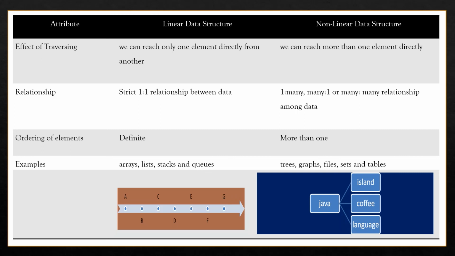In this case, there is a one-to-many or many-to-one or many-to-many relationship, and this kind of relationship or data structure is typically seen in trees, graphs, files, sets, and tables, and they are referred to as nonlinear data structures.